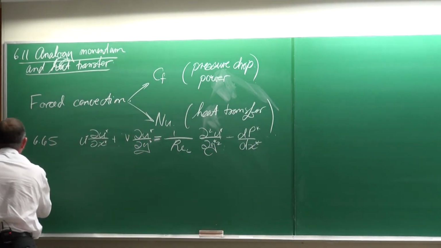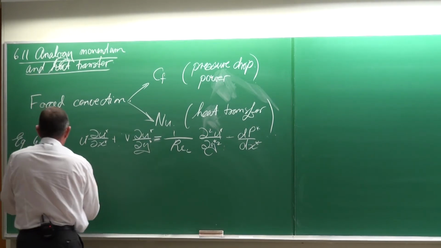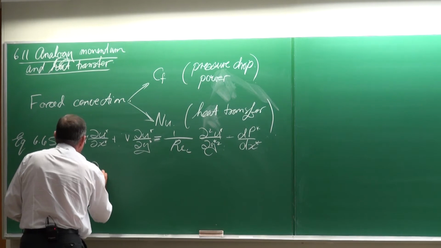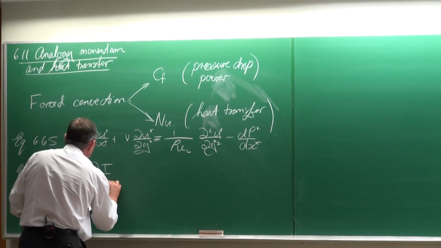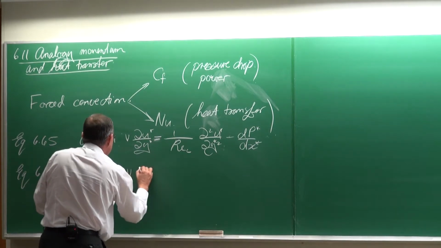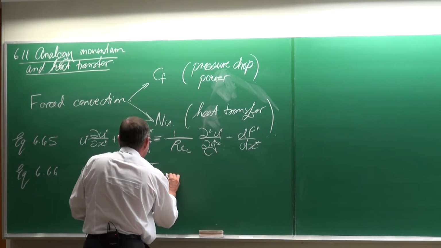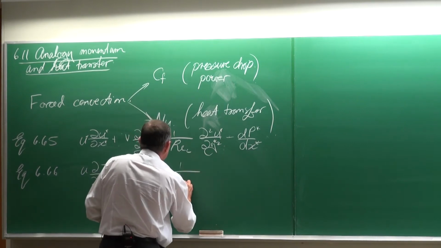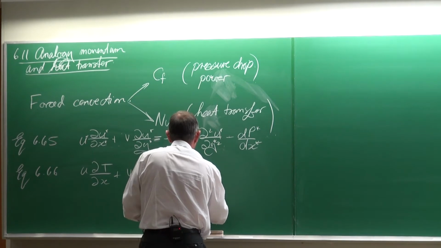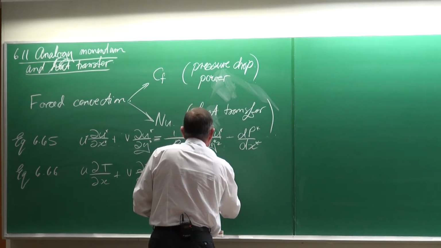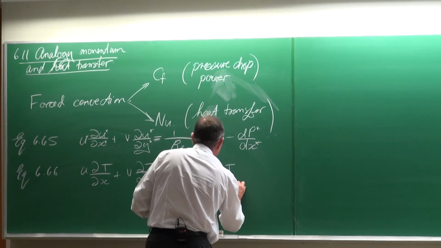Then equation 6.66 is the energy equation, and the energy equation looks like this: u multiplied by dT/dx plus v multiplied by dT/dy is equal to 1 divided by the Reynolds number, Prandtl number, multiplied by partial d2T/dy squared.